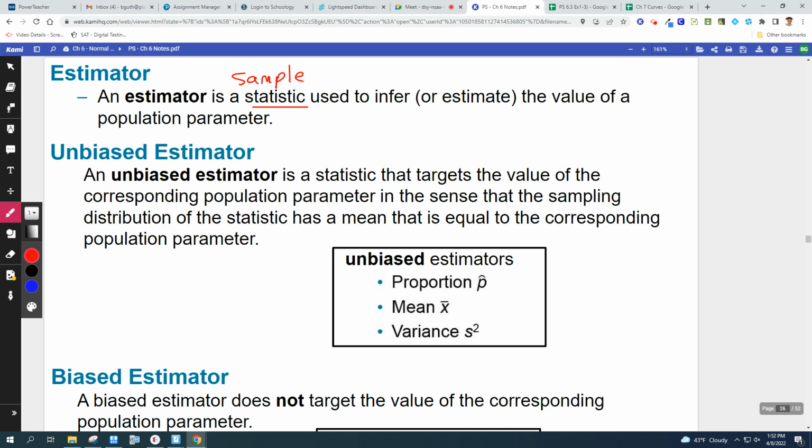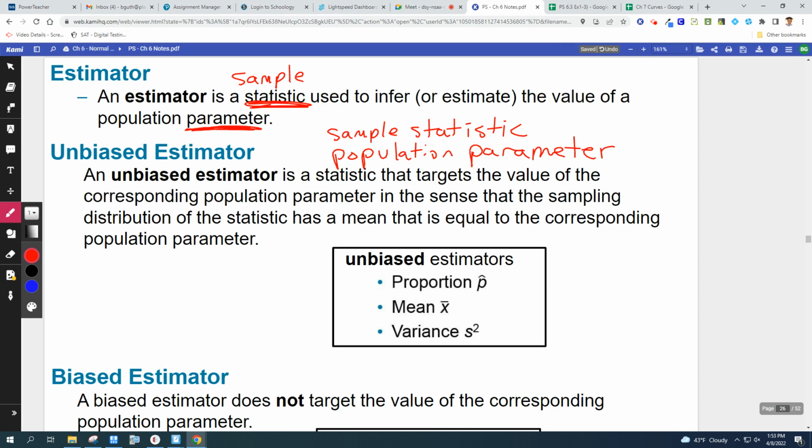Way back, I believe in chapter 1 or 2, you had this mnemonic device: sample, statistic; population, parameter. The point was just to tell you, when they say statistic, they're talking about a sample, and when they say parameter, they're talking about the population.